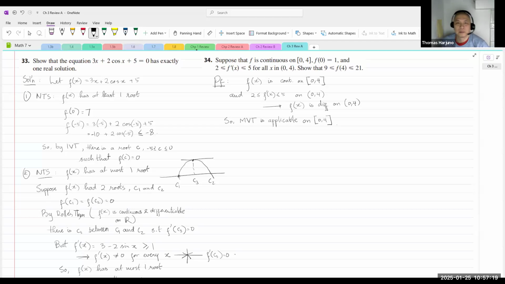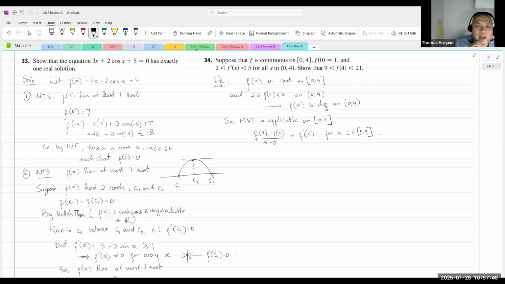Which implies f4 minus f0 over 4 minus 0 is equal to f prime c for c between 0 and 4, right?